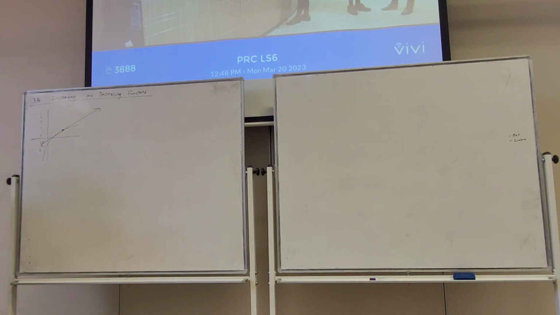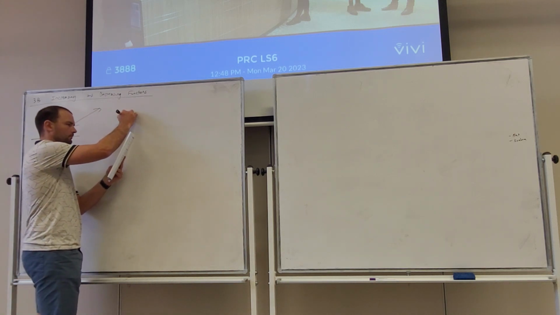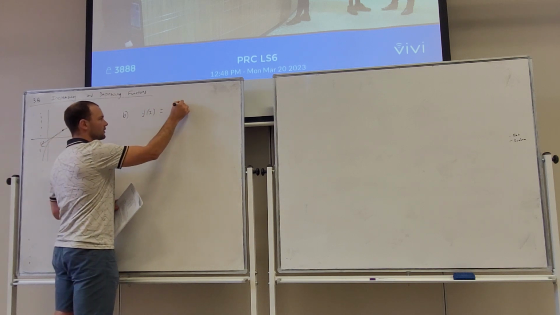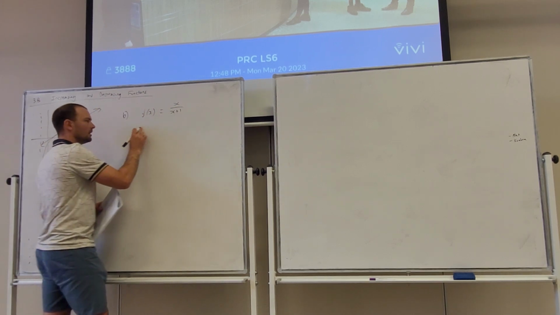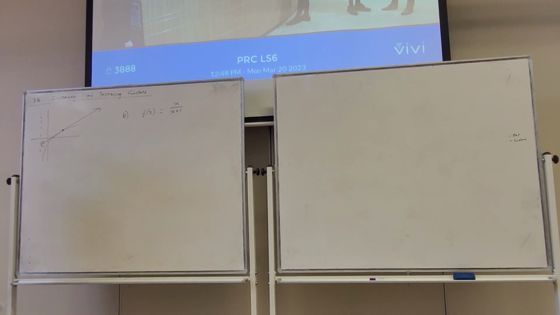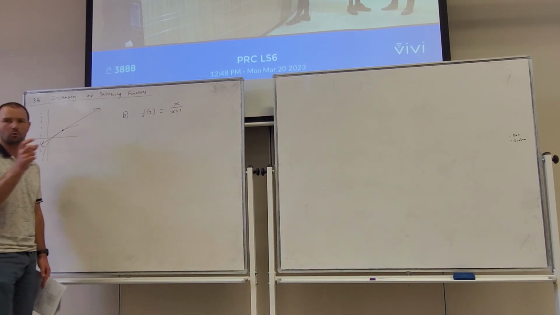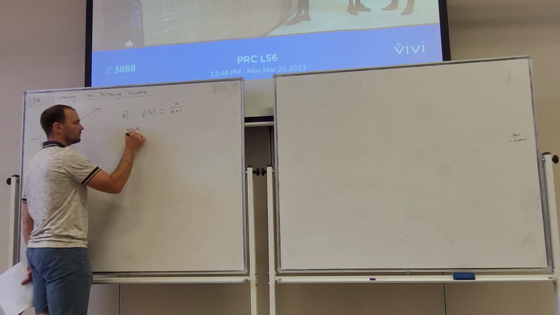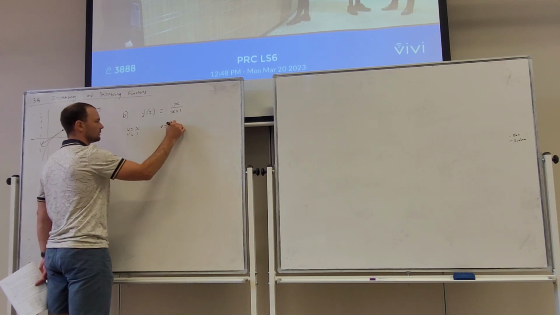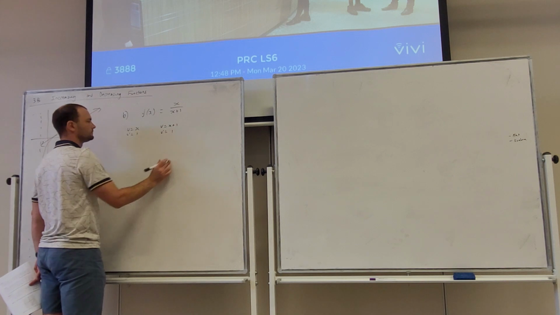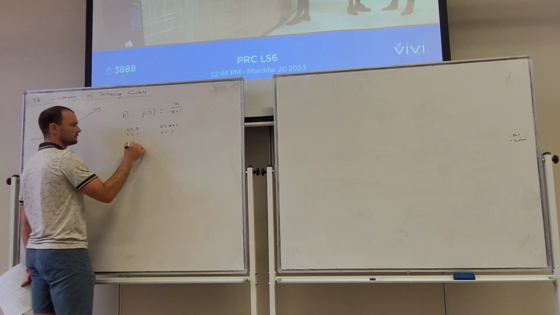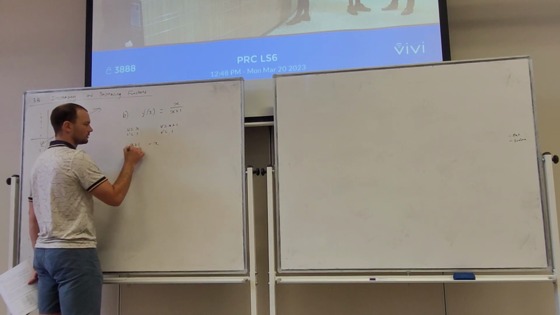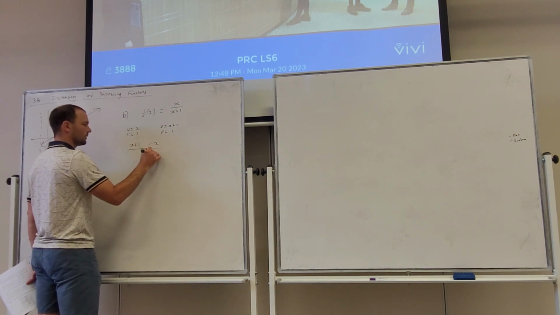Part B, determine f dash of x. So, we've got the function is x on top of x plus 1. In order to find f dash of x, we need to use the quotient rule. We've got u divided by v. u dash v, take away u v dash, on top of v squared.